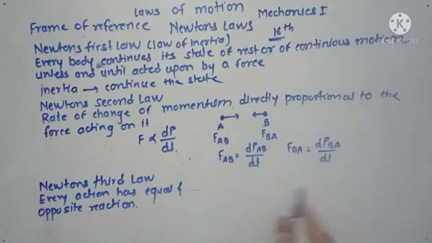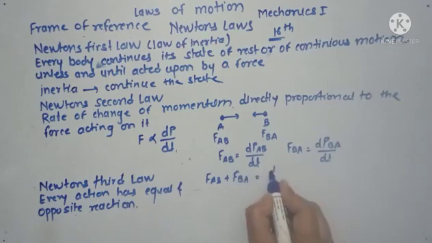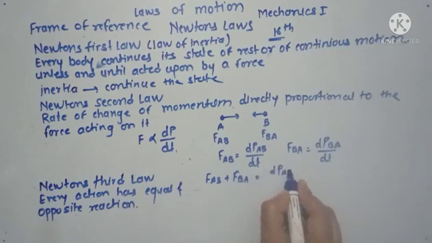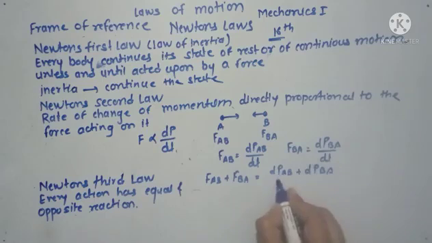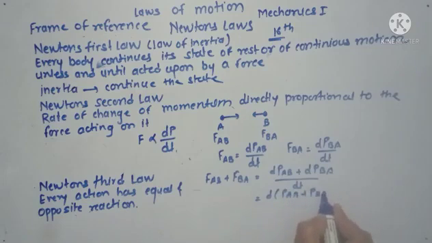Now if I add these two, FAB plus FBA is equal to dPAB plus dPBA upon dt, or (PAB plus PBA) upon dt.